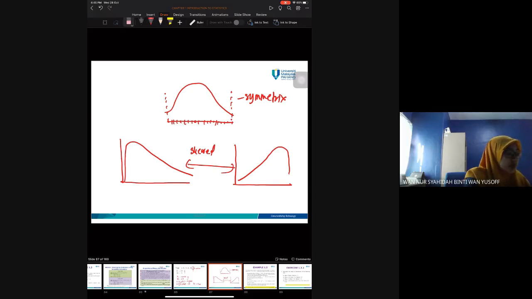So that's why when we have symmetric data, it is best to use the mean as the measure of central tendency. Because with symmetric data, the probability that we have an outlier is low, or maybe there is no outlier at all.